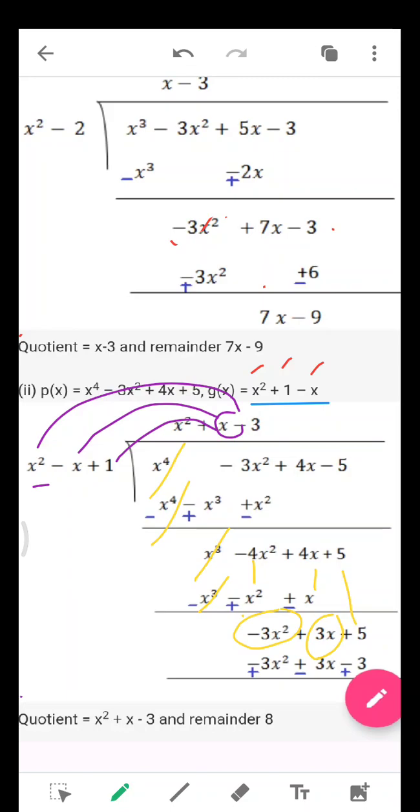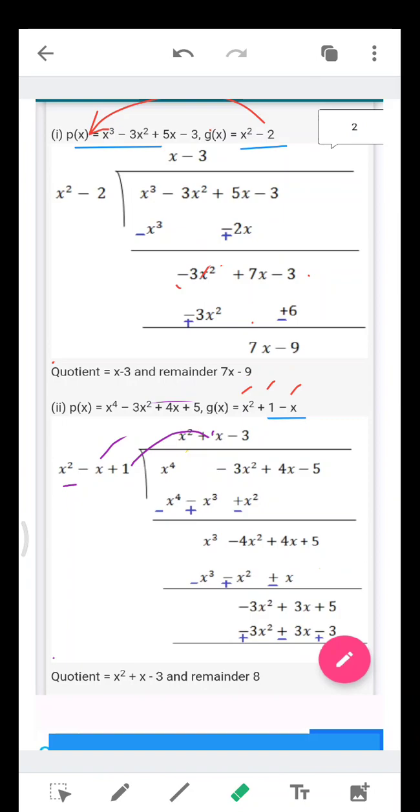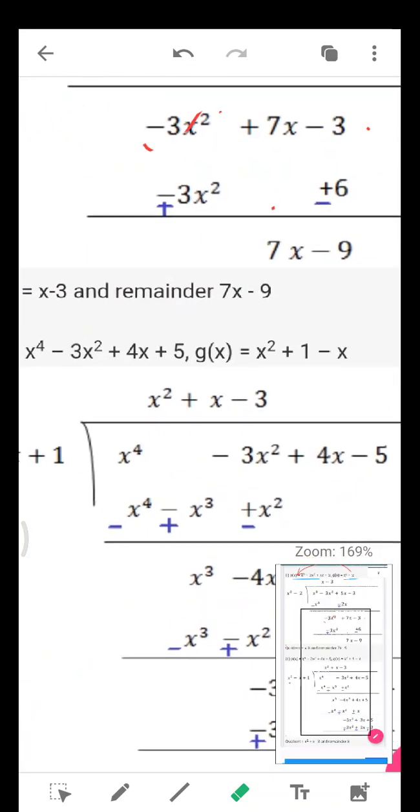Now coming to the third step. Let me erase this so that there should not be any confusion.